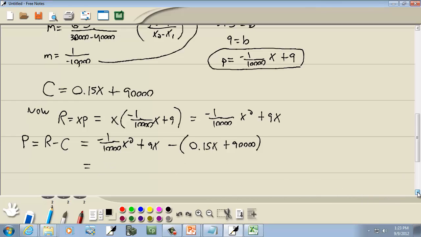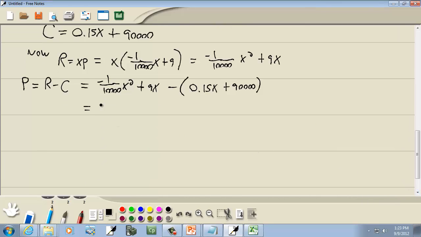So that gives us, let's see, negative 1 over 10,000 x squared plus 9x minus 0.15x minus 90,000. Again, the negative out in front of the parentheses flips the sign of all those. And since I'm afraid I'm going to run out of space, I'm going to do it over here.